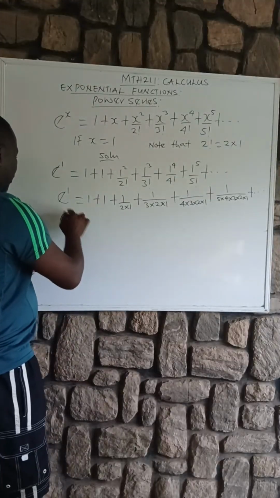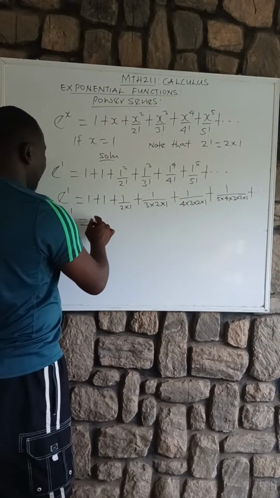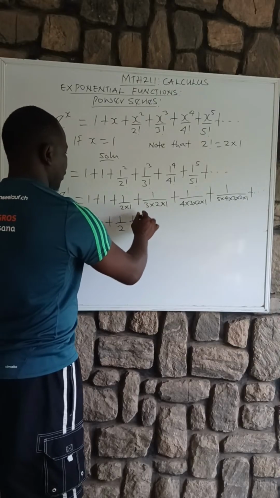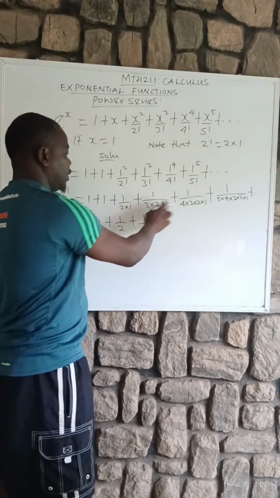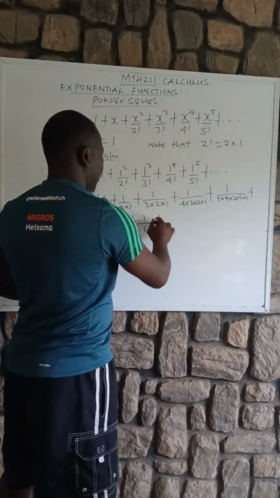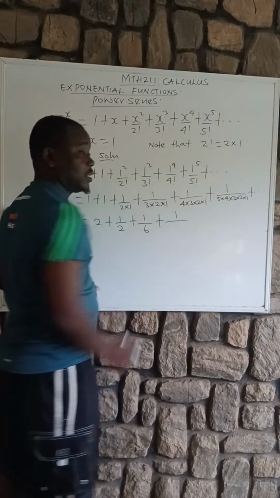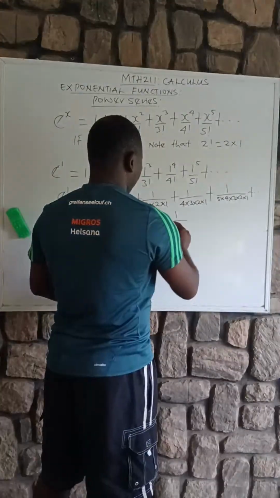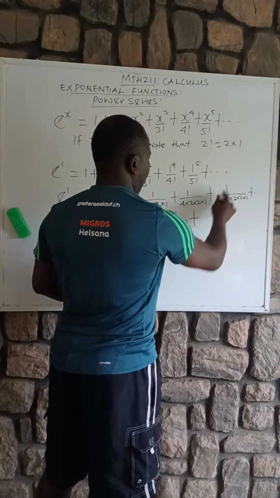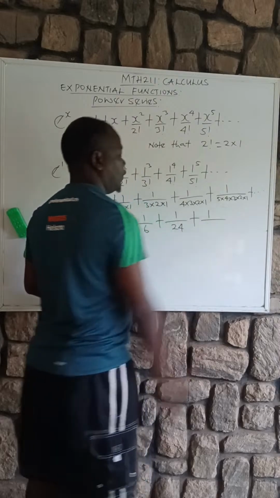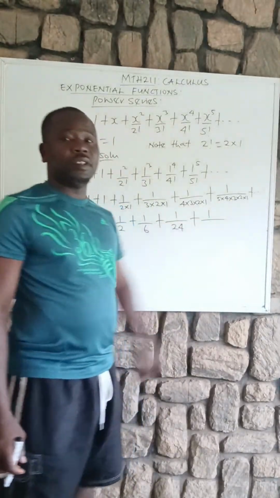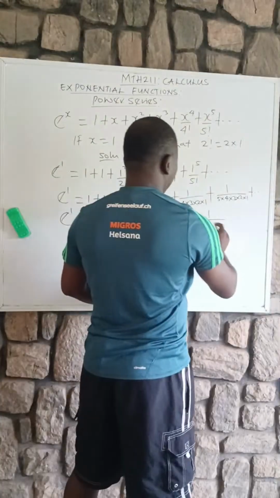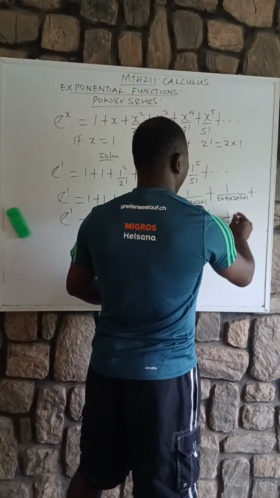So this equals 1 plus 1, which is 2, plus 1 over 2, plus 1 over 6, plus 1 over 24, plus 1 over 120, plus and so on.